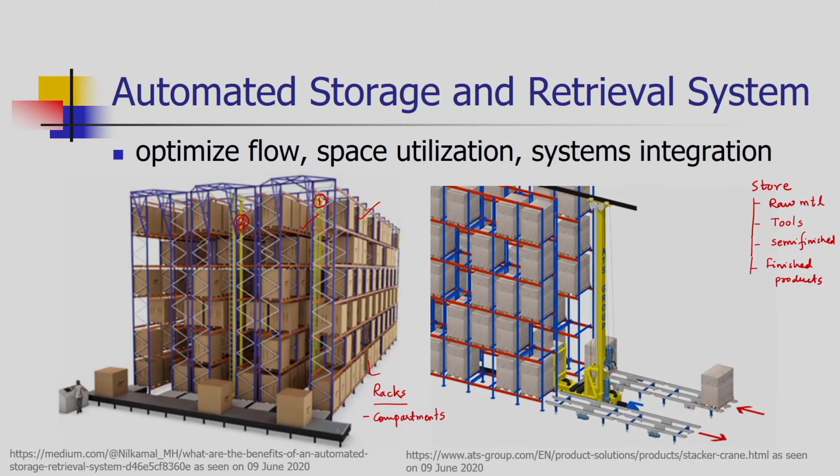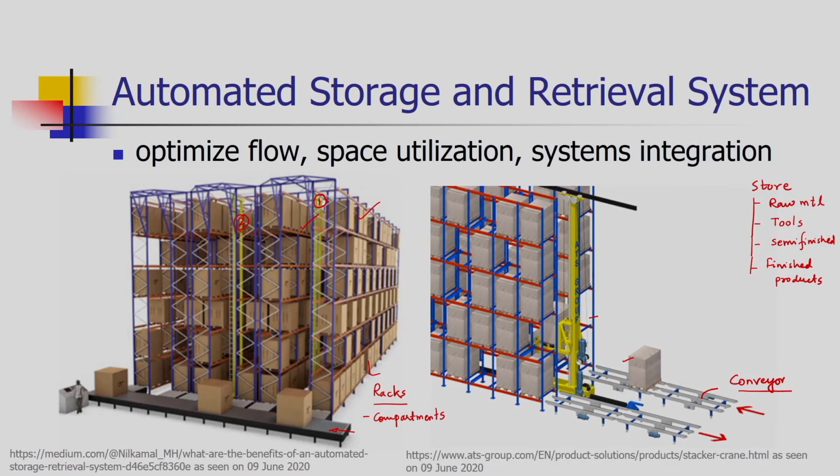So, this is the conveyor, and that conveyor is taking the commodities to the stacker crane feeding unit. In the next figure you can see there is a conveyor over which the commodities are moving. The stacker crane is taking the commodities and then it will store the commodities in the programmed compartment or programmed section of the rack.